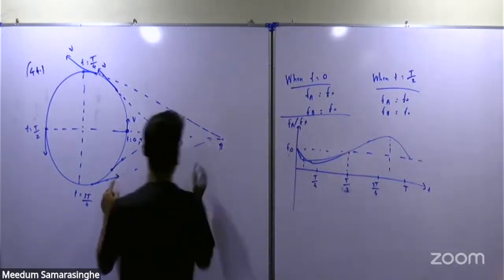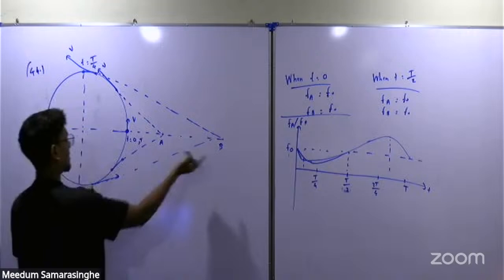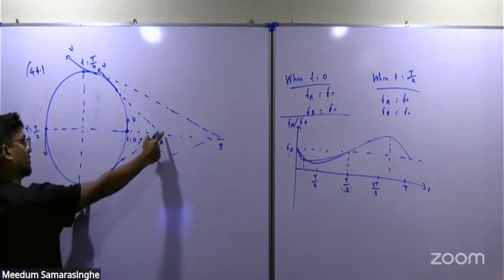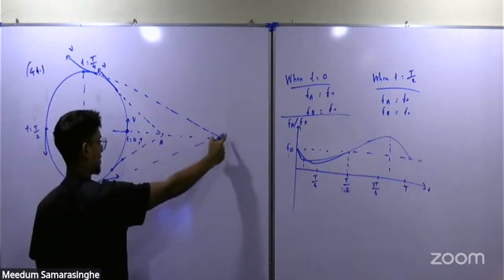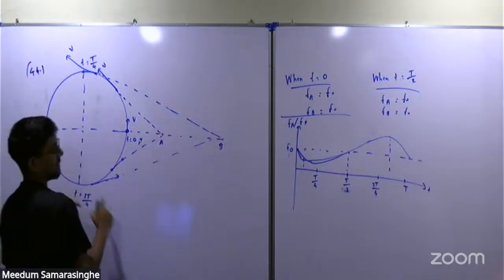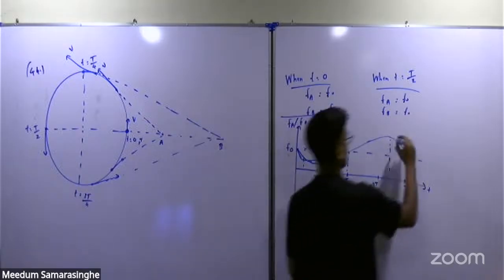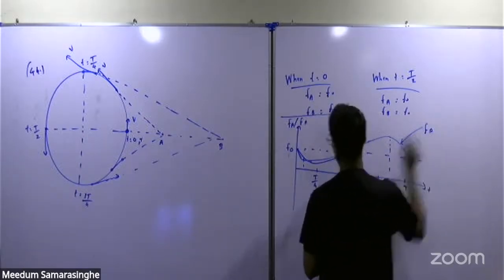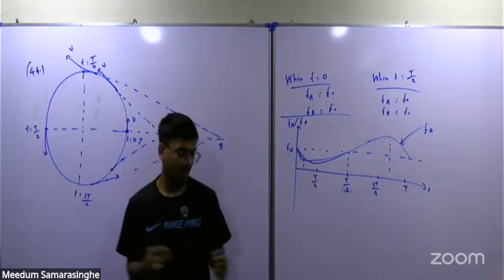When you consider B, the frequency becomes maximum for B before A, right? So this is the frequency of A. I'll draw in another pen.